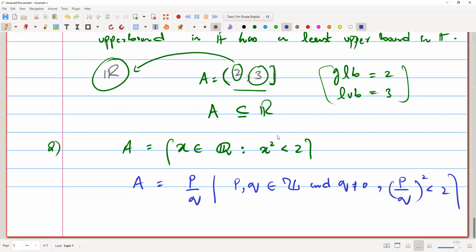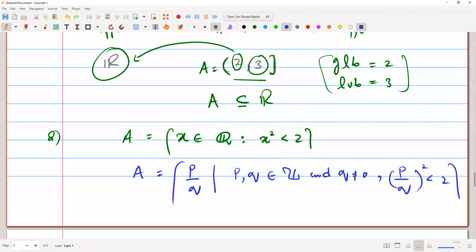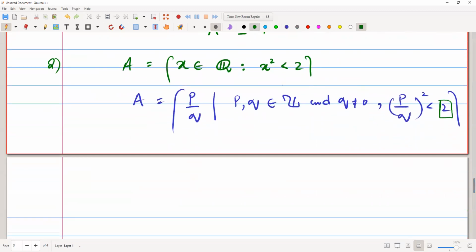We can see that this set has an upper bound, this 2 here. But if we want to find the least upper bound, there are many rational numbers whose square is less than 2, but we cannot actually find that number. If I want to find P over Q for this, it's like the square root of 2, which does not belong to the universe of rational numbers.